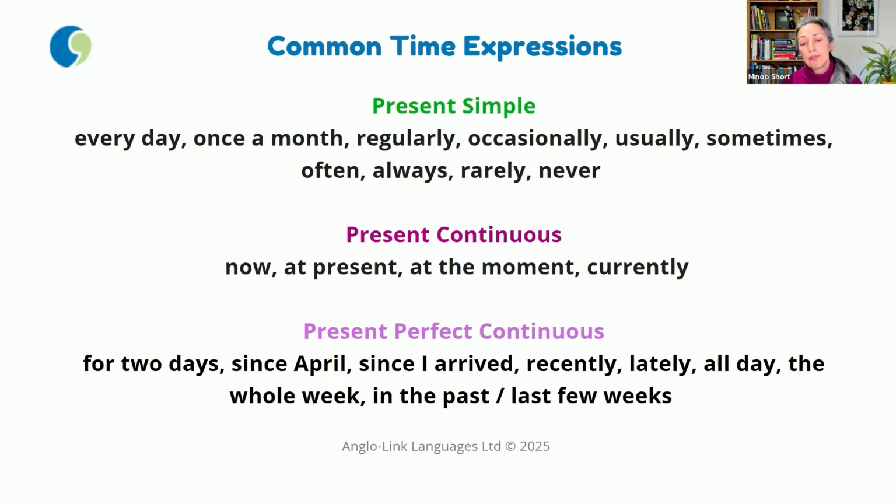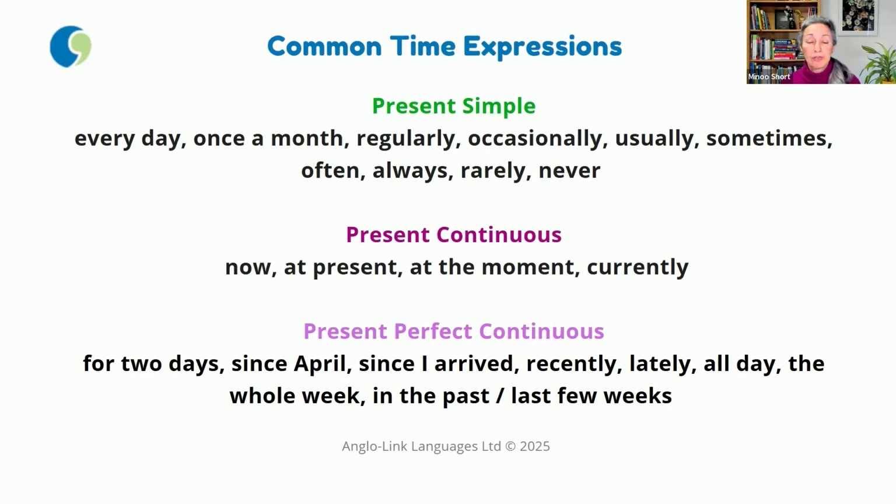Now, I'd like to just look at some common time expressions that we use with each of these tenses. For present simple, very common time expressions are every day, once a month, regularly, occasionally, and all the adverbs of frequency: usually, sometimes, often, always, rarely, and never. For the present continuous, the common time expressions are now, at present, at the moment, and currently.